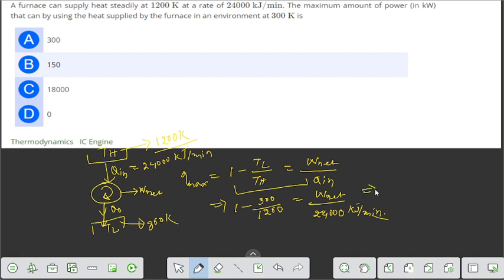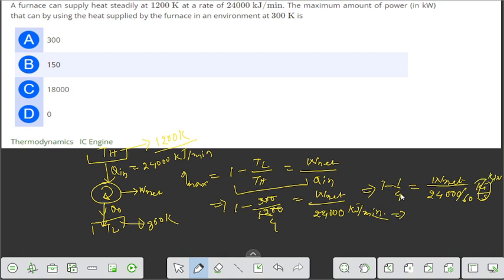This is 1 by 40, so 1 minus 1 by 40 is equal to W net divided by 24,000 kilojoule per minute, that means divided by 60, kilojoule per second, and kilojoule per second is kilowatt.